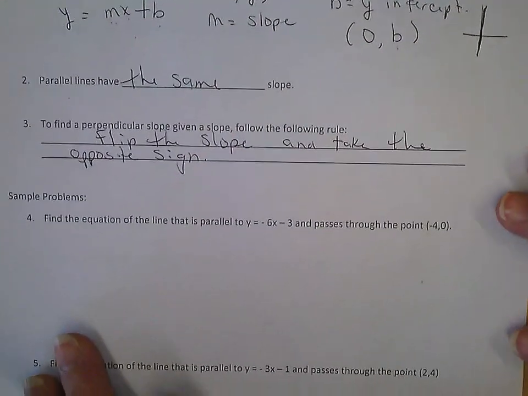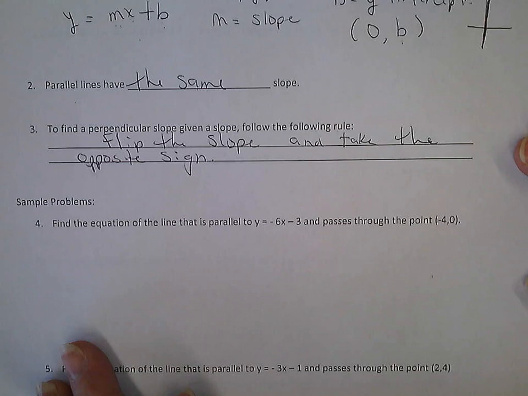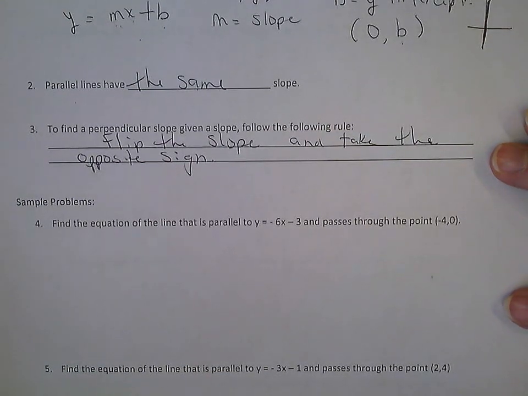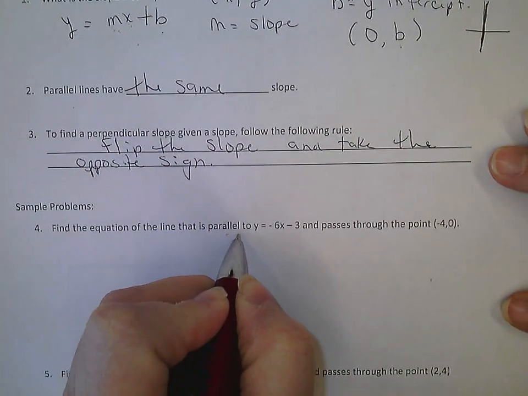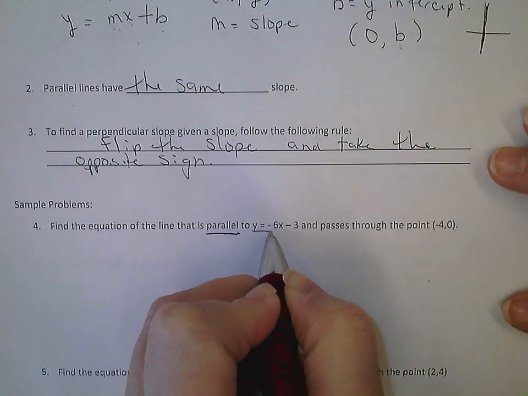Okay, let's look at some sample problems here. Find the equation of a line parallel to y equals negative 6x minus 3 and passes through the point negative 4, 0. These problems will all have the same components. We have parallel or perpendicular. We have an equation of a line.